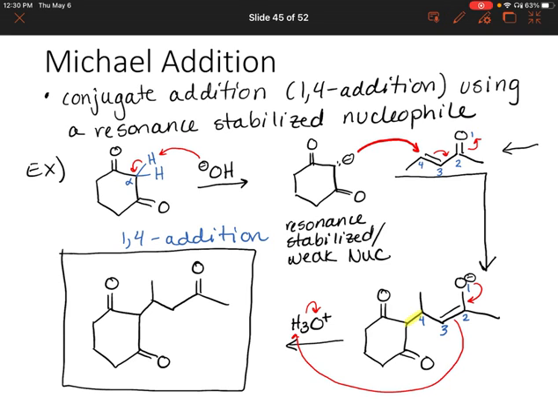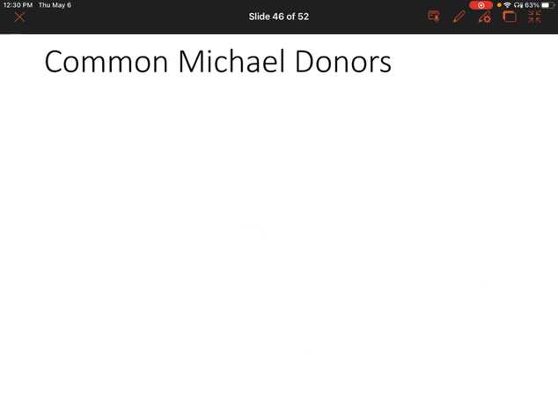So let's look at some common enolates that we would use in these types of reactions. And another name for these particular enolates, these weak and stable enolates, is we can call them Michael donors. So these are doubly stabilized enolates.